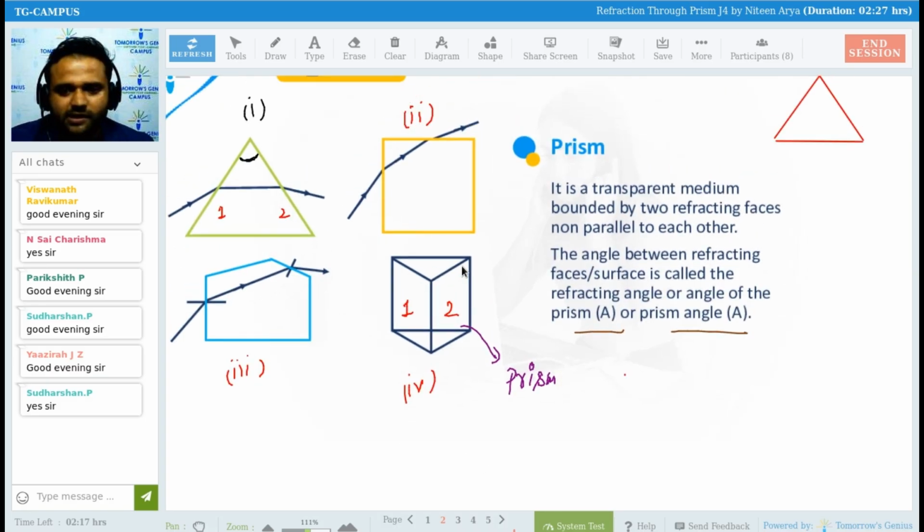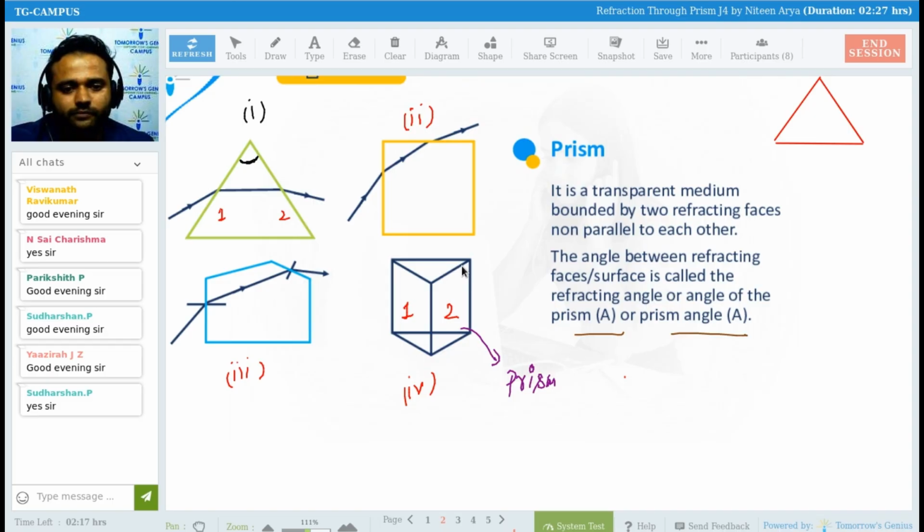So what a prism is: it is a transparent medium bounded by two refracting faces non-parallel to each other. The angle between the refracting faces, whichever refracting faces you take, the angle between both of them is called the refracting angle or angle of prism A or prism angle.